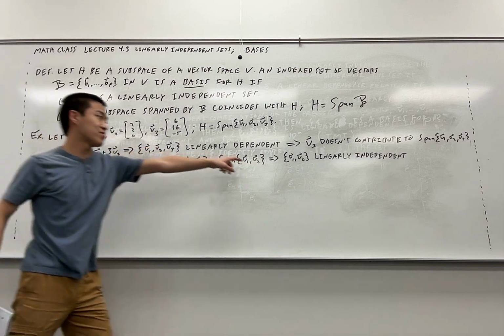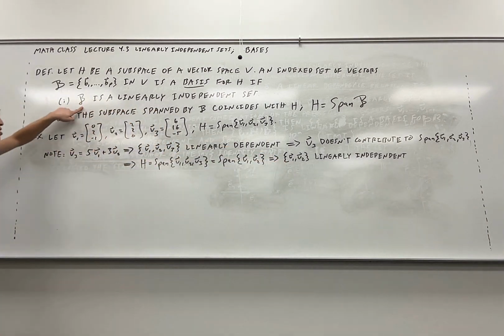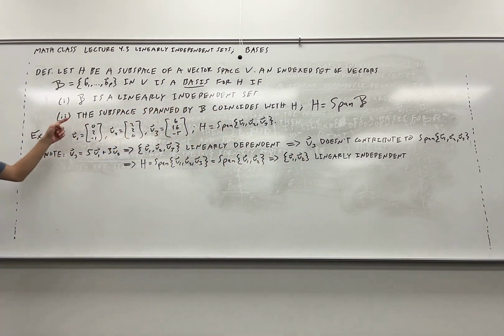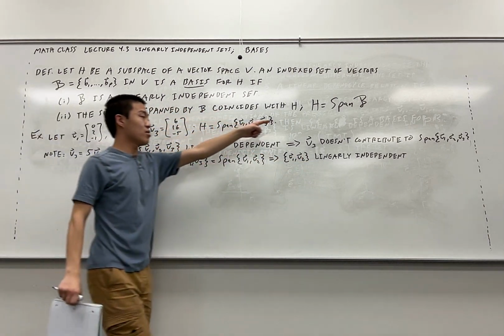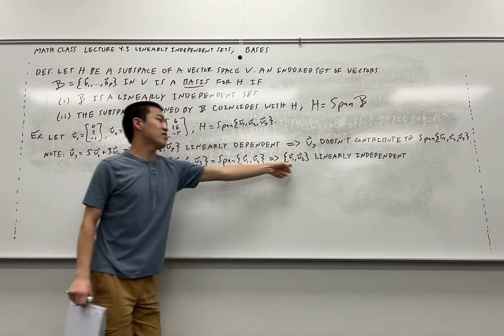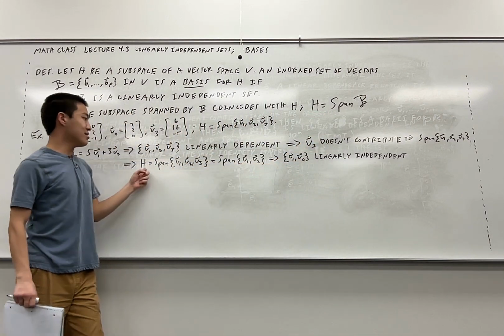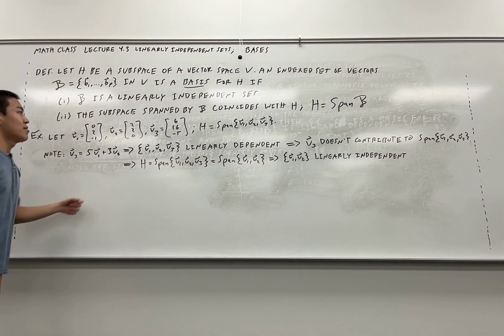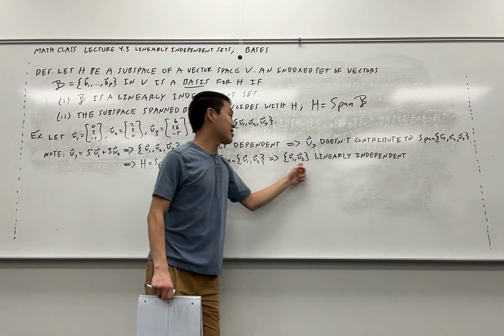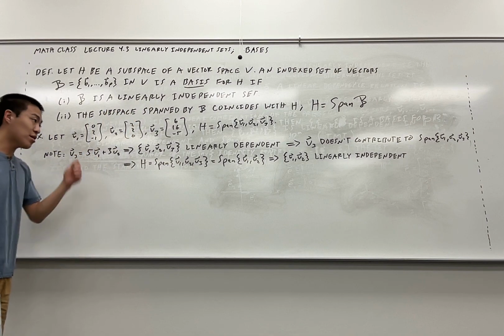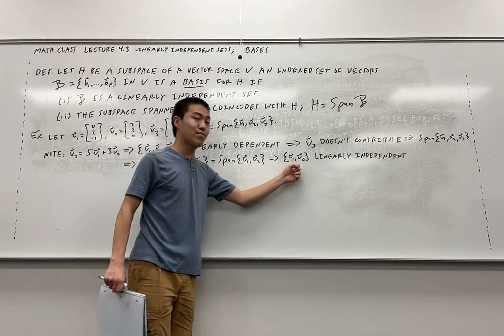That set of vectors, v1, v2, is my B. It is a linearly independent set. And notice here, is the span of v1, v2 equal to H? Yes. So I have a linearly independent set, and the span of that set gives me the subspace that I want. So ergo, this is actually now a basis.